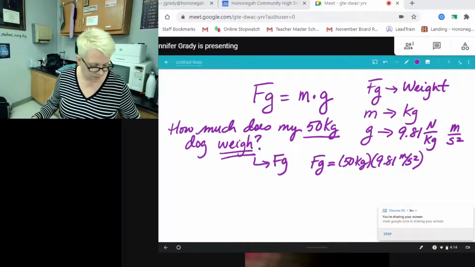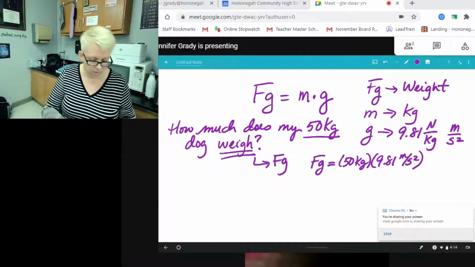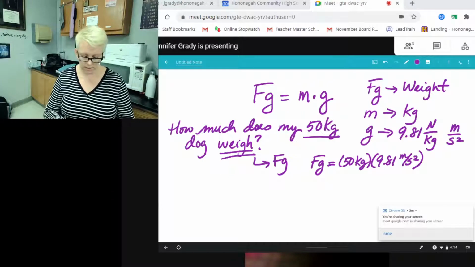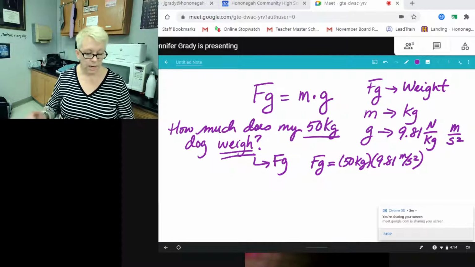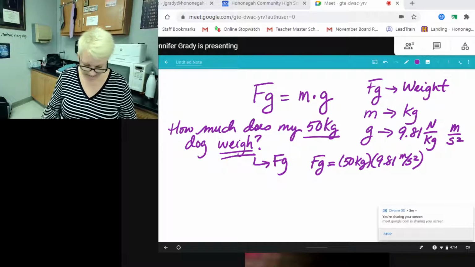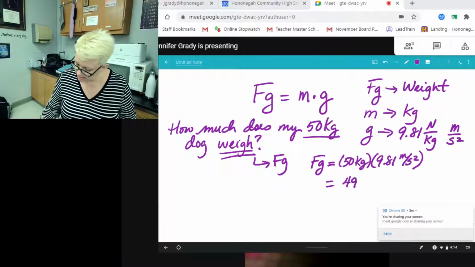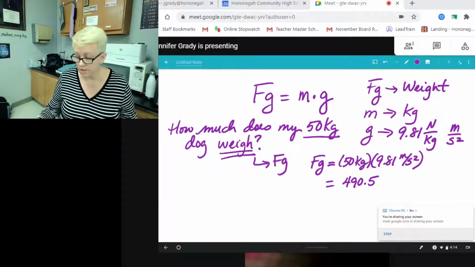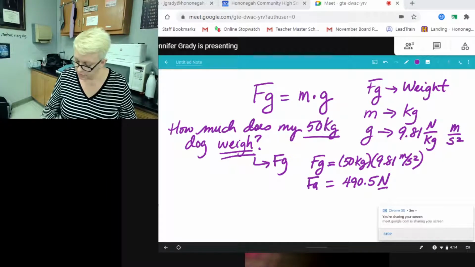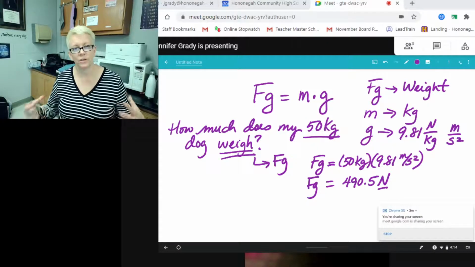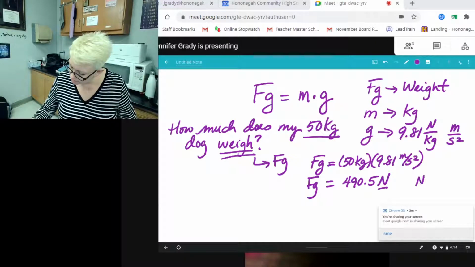When I take 50 times 9.81, I get 490.5. What's the unit for this? It's the newton. Force is measured in newtons. You can see here what a newton is made out of: a kilogram times a meter divided by a second squared.